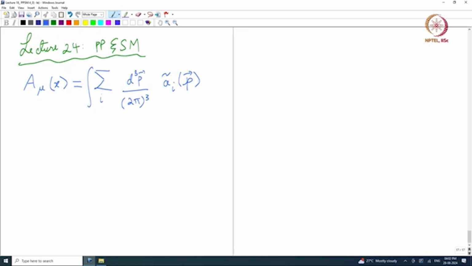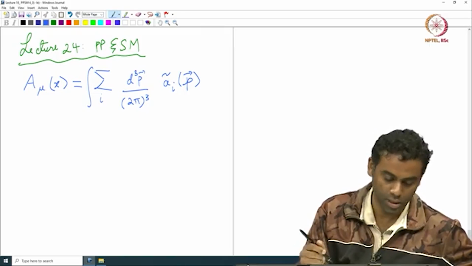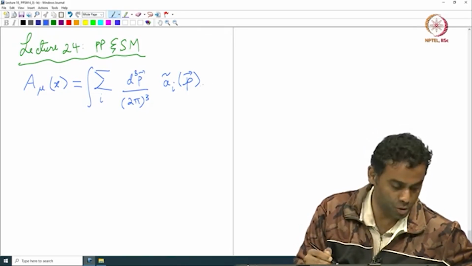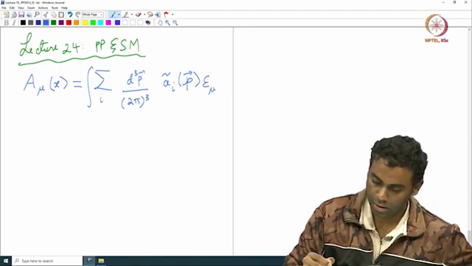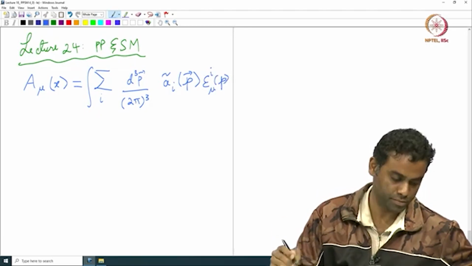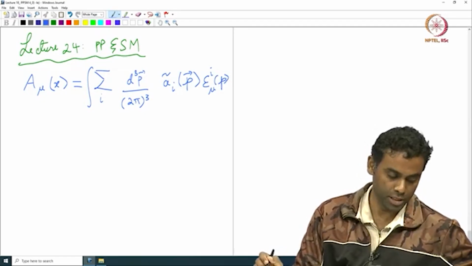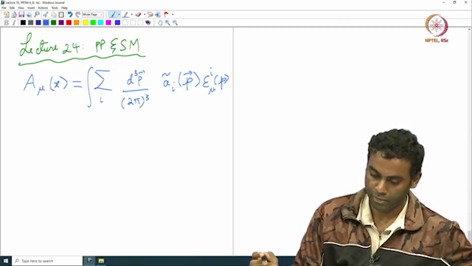Okay. So, I have written down this as a quantum operator, but where is the Lorentz index? That does not sit on A, okay, because that is still an operator. So, that index I am going to give to the polarization, okay.